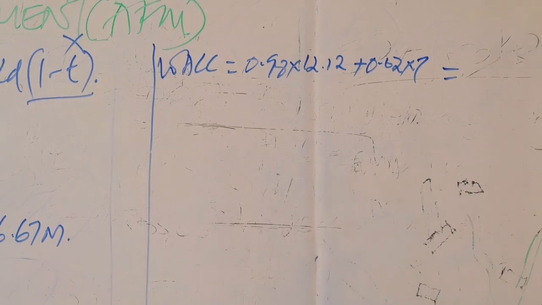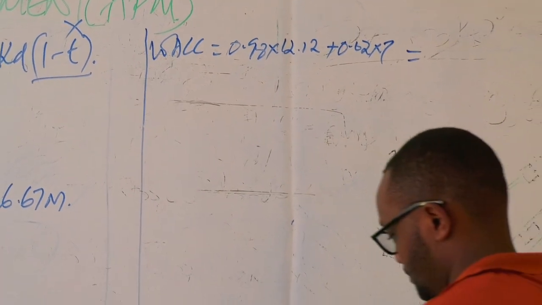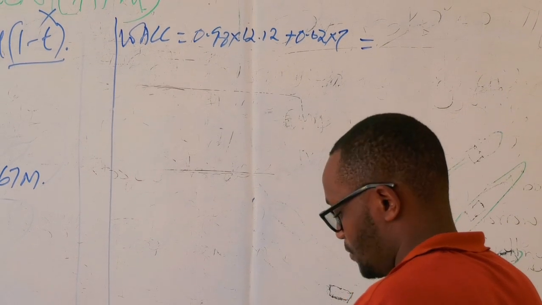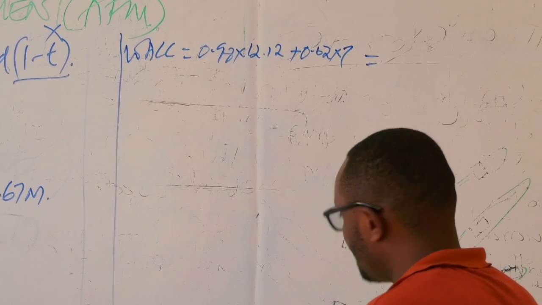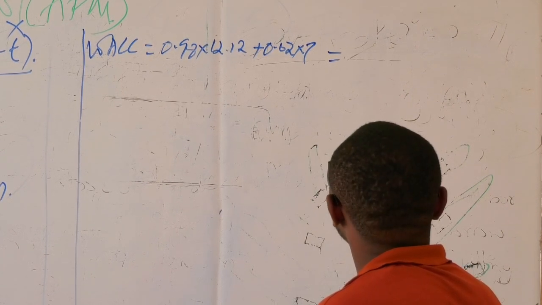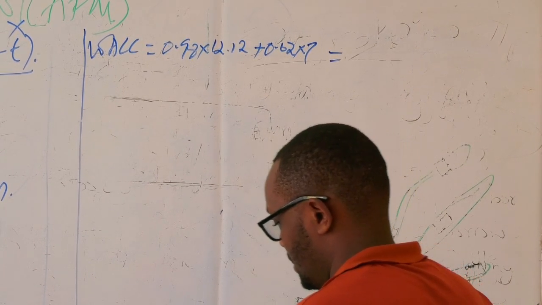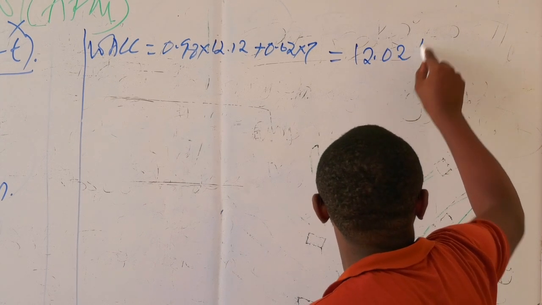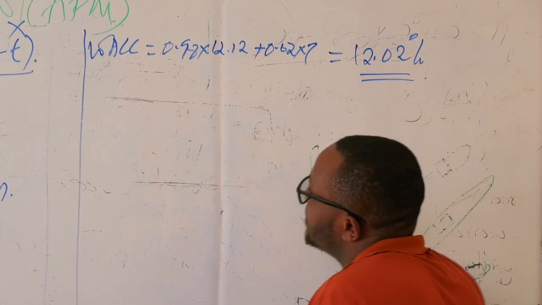You calculate, you get it in percentage. You can start with the bracket 0.98 times 12.12, then plus in brackets 0.02 times 7, which is equal to 12.02, in 2 decimal places.